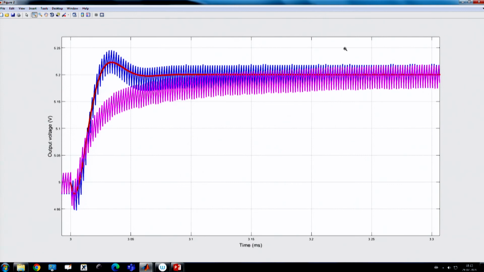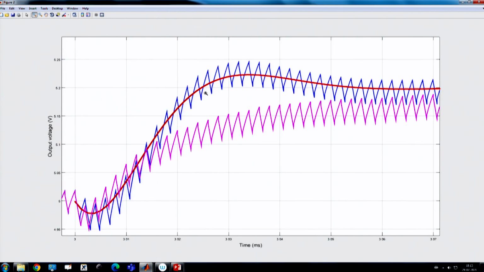So, if you go here, the red one is coming from my small signal model of the output feedback design, and the blue one is coming from the output feedback switch simulation. For state feedback I am not using model matching, but you can try it out, it is not difficult because you already have the closed loop equation, but here my objective is to compare.